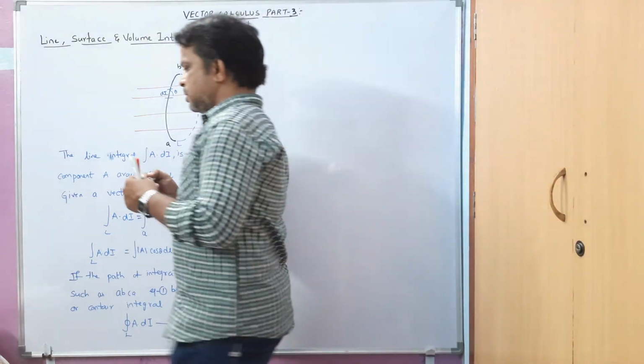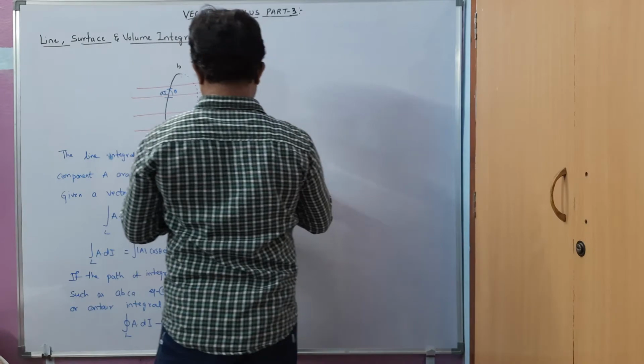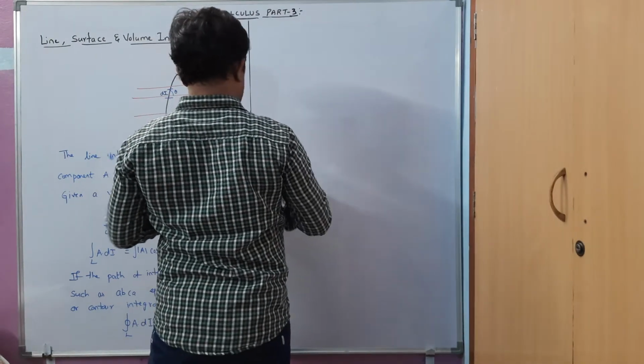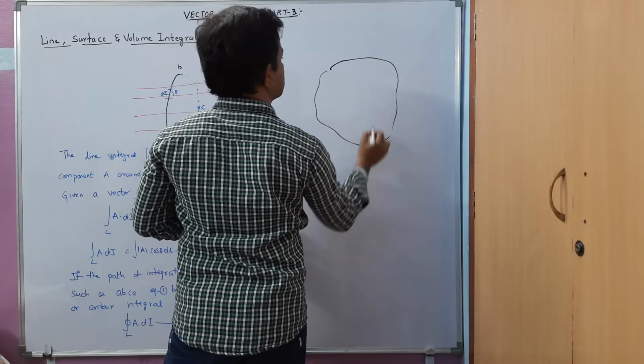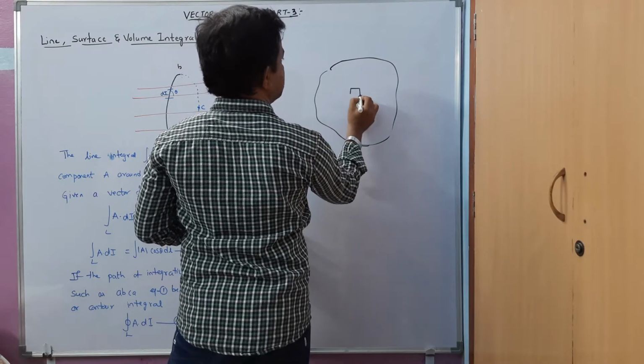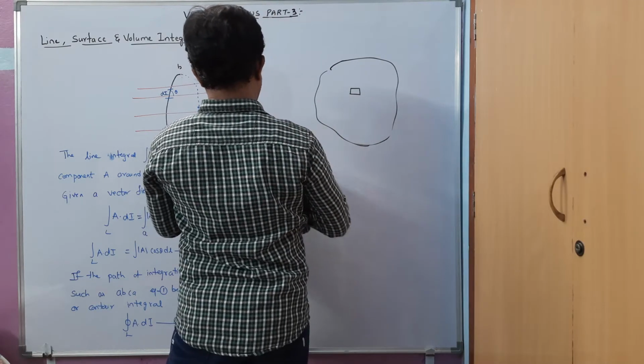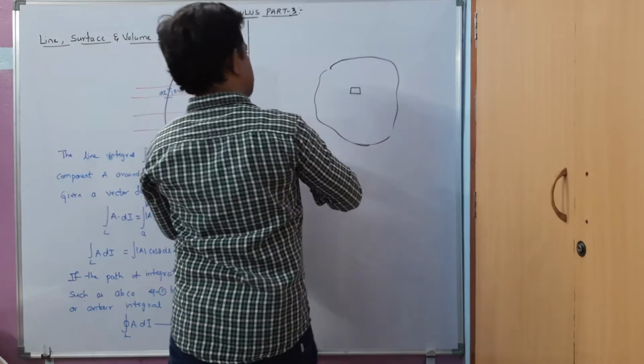Suppose I take any surface like this, a small area here, and the flux lines are passing like this.